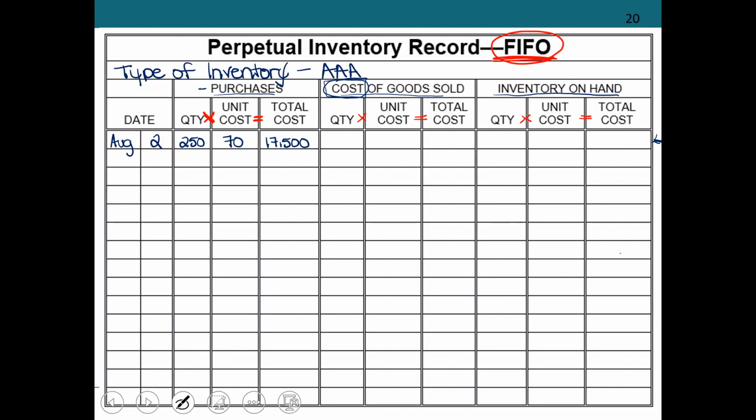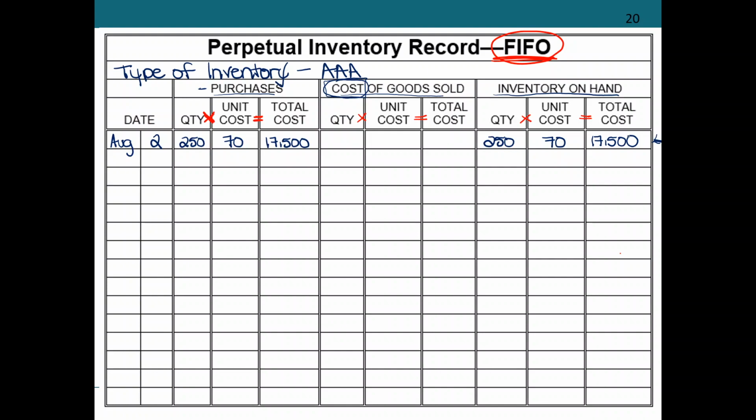Okay, so we've got our purchase, but now that we bought this, we need to carry it over to our inventory on hand, because after we've purchased this, we have this as our inventory balance. So you basically just copy the purchase over. $250 at 70, we still have the total cost of $17,500.